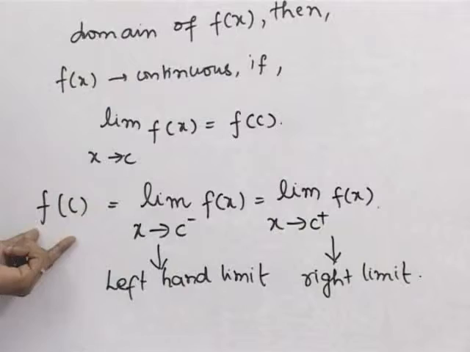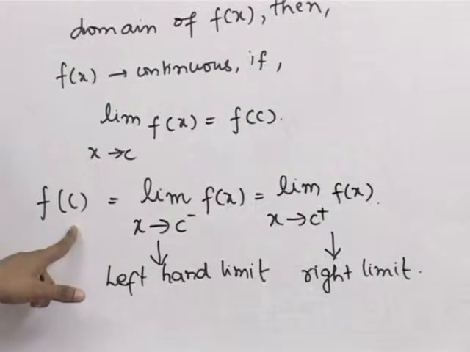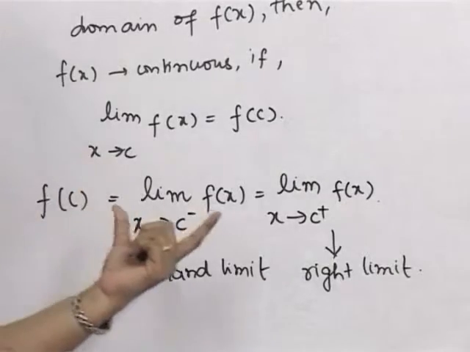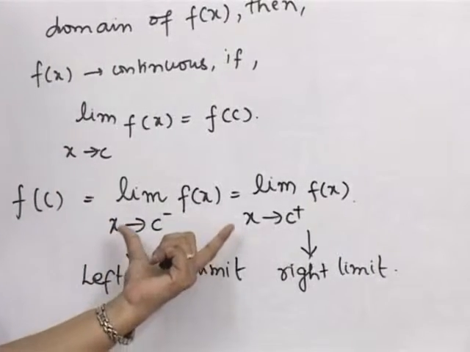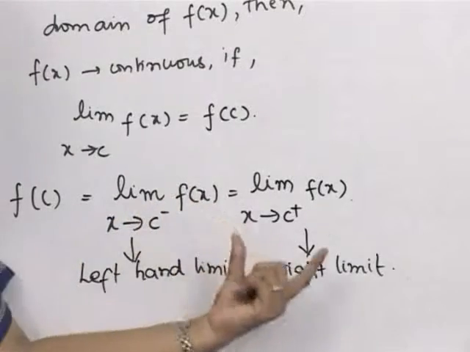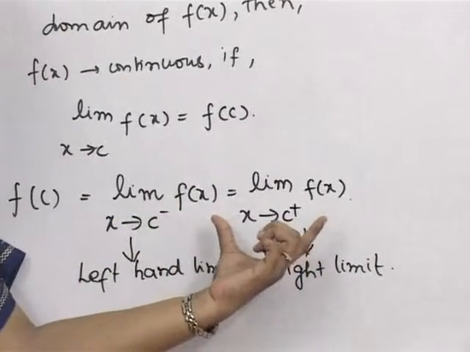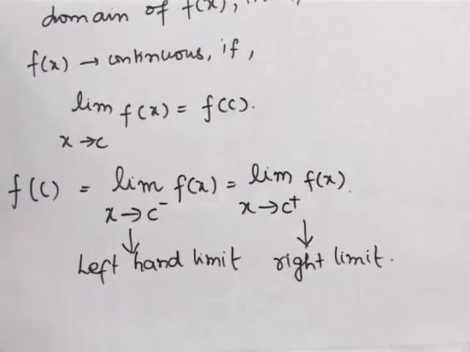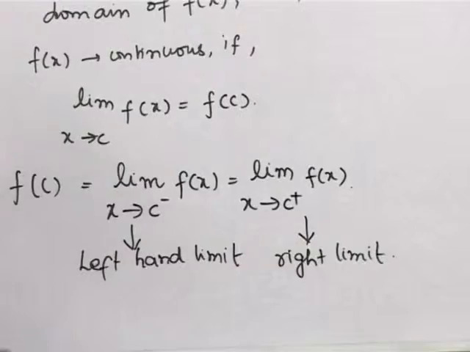So for a function to be continuous at a point C, it is necessary that the value of the function at that point coincides with the left hand limit, that is limit as x tends to c minus f of x, and should be equal to the right hand limit, that is limit x tends to c plus f of x. Now this is the continuity of f of x at a point.